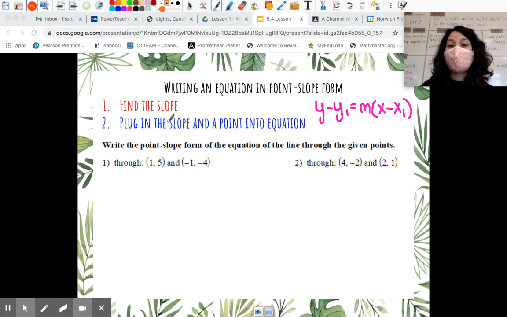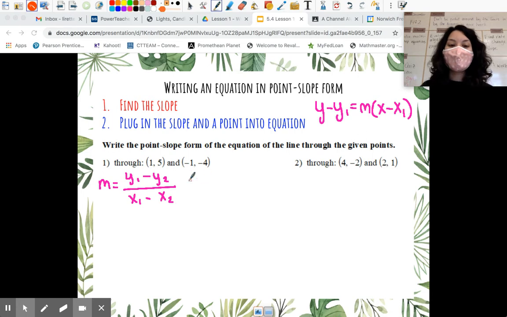Now, step 1, I have to find the slope. I've got points that I can substitute in, but I don't have my slope, so I need to find that first. At this point, everyone should know that the formula for slope is y1 minus y2 divided by x1 minus x2, or y2 minus y1 over x2 minus x1.